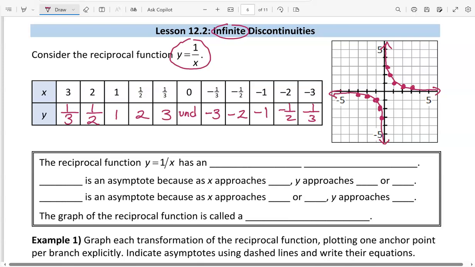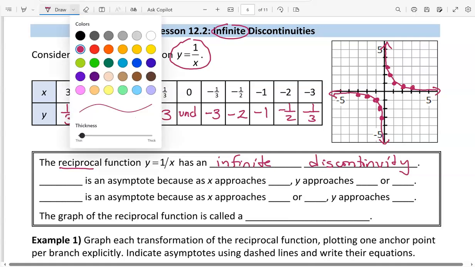So this graph, which is called the reciprocal function because the outputs are the reciprocals of the inputs, has what we call an infinite discontinuity. And it is called an infinite discontinuity because of this asymptotic behavior.